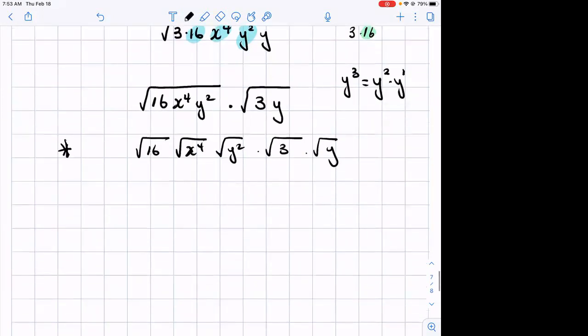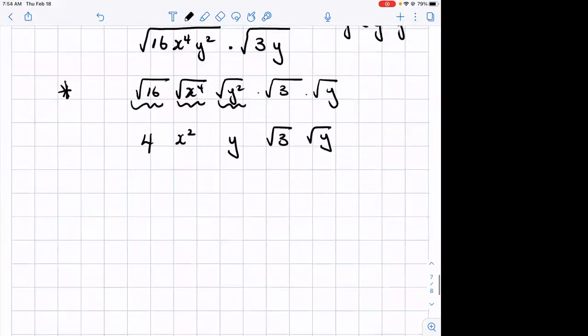And you will see that the square root of 16 is 4. The square root of x to the 4th is x squared. The square root of y squared is just y. We don't know the square root of 3. We don't know the square root of y. So putting them together, we have 4x squared y, and these two we just leave back under one radical.